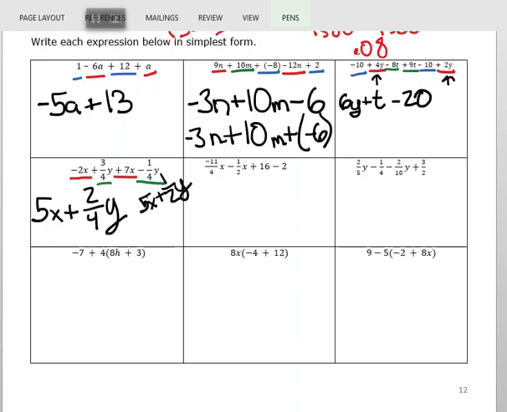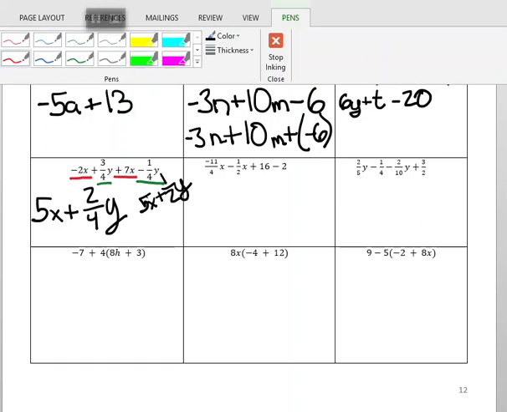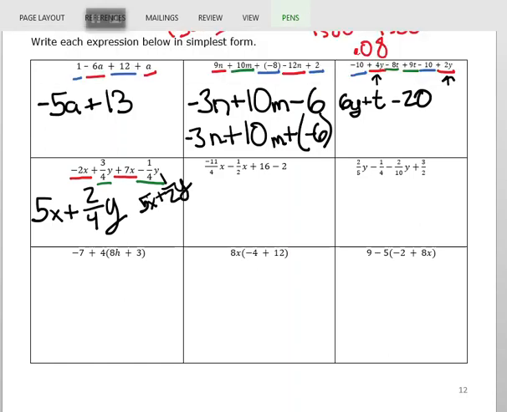All right. Now here we have one that might at first seem daunting. So I have negative 11/4 x, which I can combine with negative 1/2 x. And I have my positive 16, which I can combine with negative 2. So I'm going to take a look here at this negative 11/4 x minus 1/2 x.